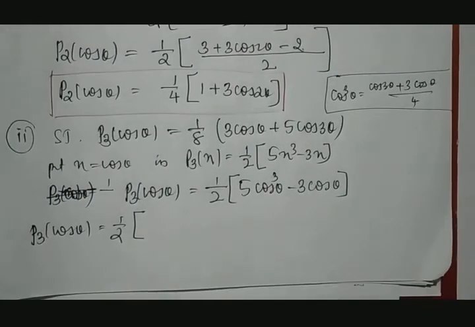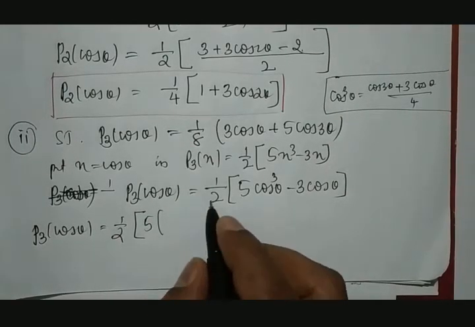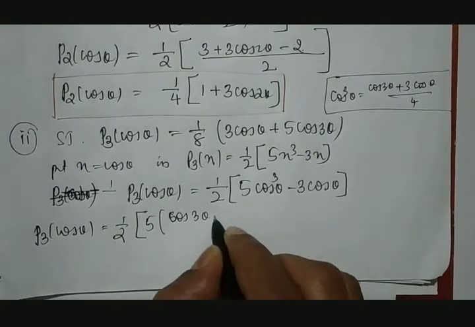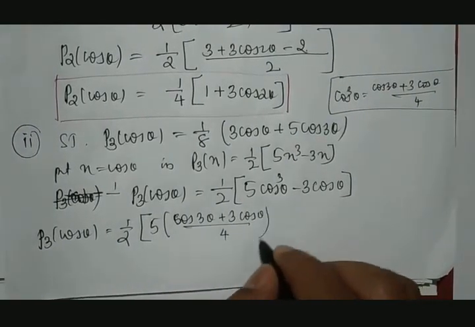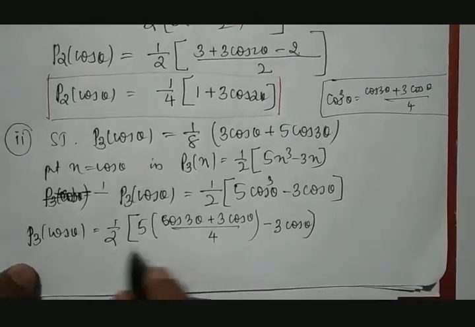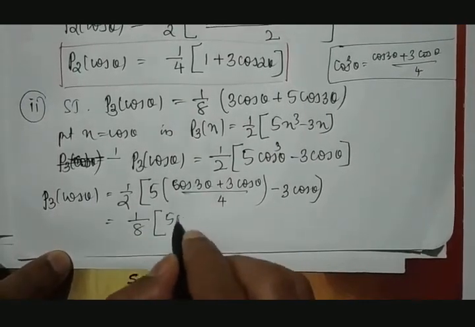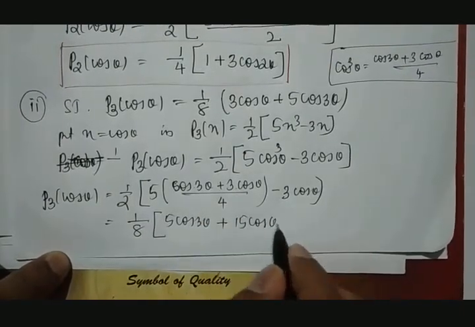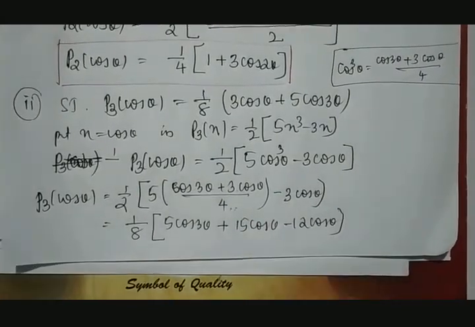Therefore, this is equal to 5 times cos 3 theta plus 3 cos theta divided by 4, minus 3 into cos theta. Therefore, if you take LCM, then it becomes 1 divided by 8 into 5 times cos 3 theta plus 5 into 3, 15 cos theta, minus 12 cos theta.